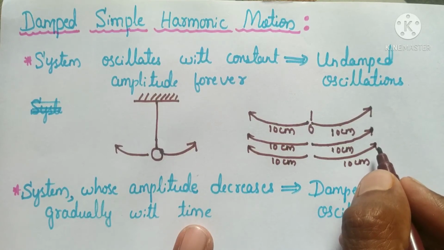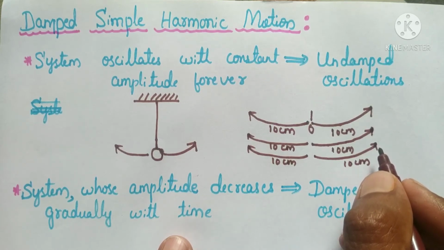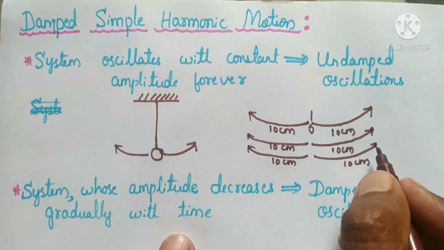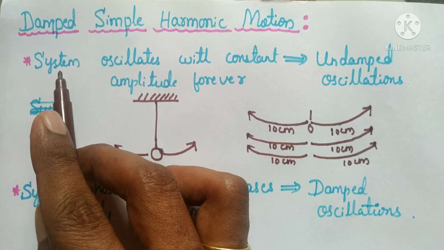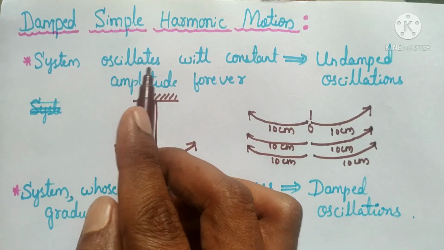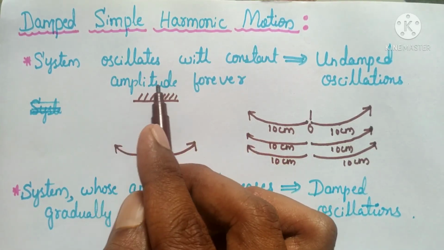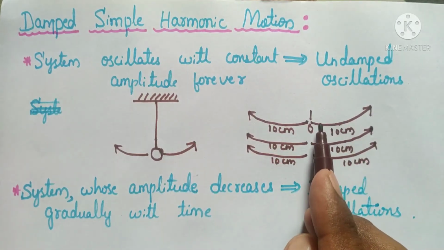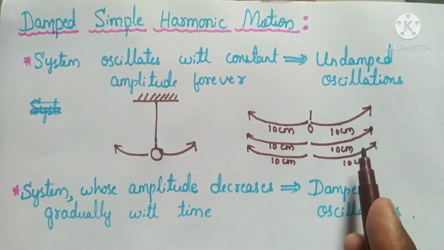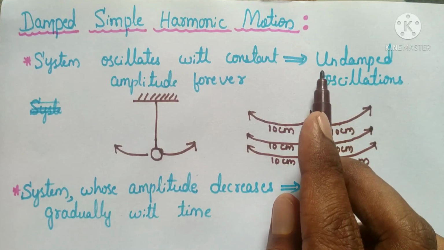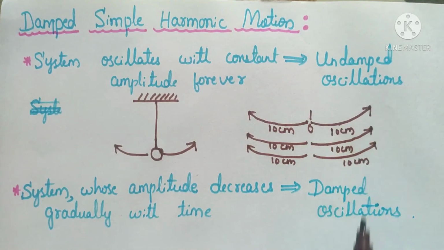So the energy of the pendulum is not decreasing, it remains constant. Such oscillations are called undamped oscillations. That means a system that oscillates with a constant amplitude forever; in each oscillation it maintains the 10 centimeter amplitude. Such oscillations are called undamped oscillations.